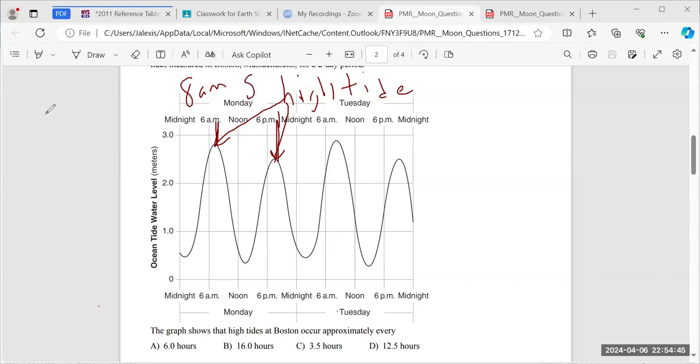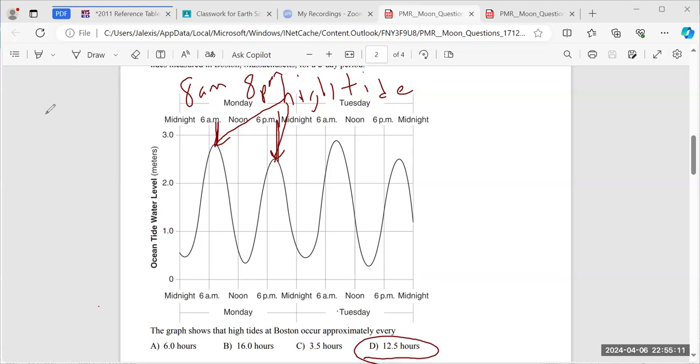It looks to be a little after 8 p.m. So the fact that it goes from 8 a.m. to 8 p.m., it could be 8:30 p.m., shows me at the very least sometime over 12 hours. And that's why the best choice is going to be choice D.